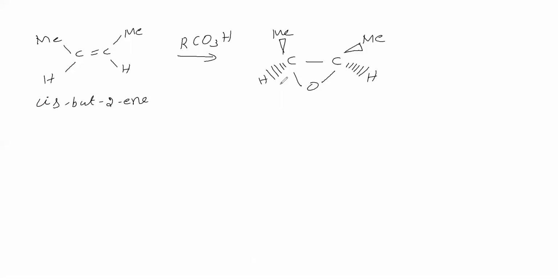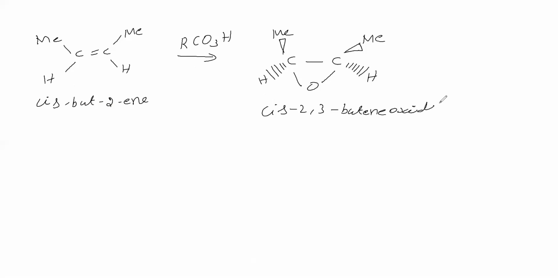Therefore, these two hydrogens down we have written. So what isomer will we get? A cis compound. Syn addition will give cis compound. It is cis 2,3 butene oxide.